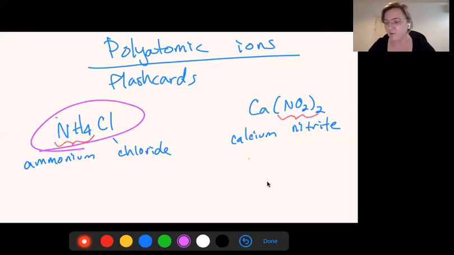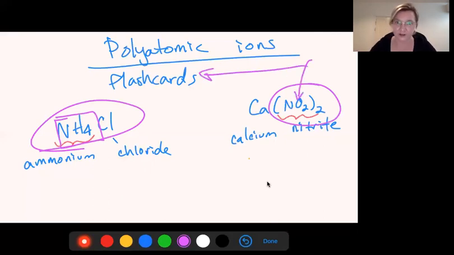Ammonium is the only one that is positive, so it is the only one that you're going to see first in a formula. The other dead giveaway is having a smaller formula in brackets. Whatever is inside the bracket comes from your flashcards. So those are a couple of tricks that you can remember to decide which of these systems you're going to have to use.